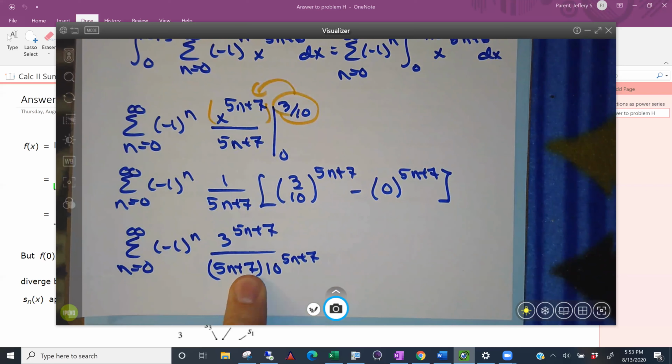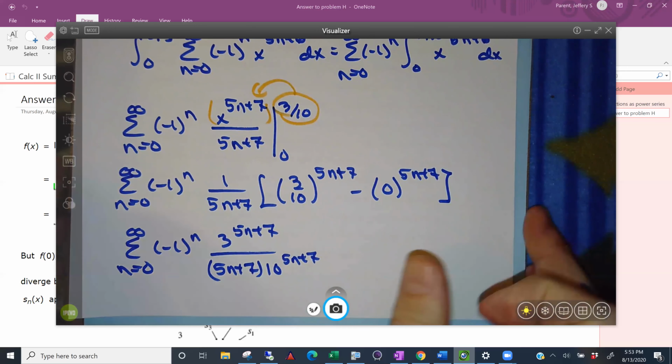But if you want to approximate it, notice that the terms are alternating. So what we have to do is figure out how many terms of n I need before this is less than 0.000001, which would be our approximation to within 6 digits.